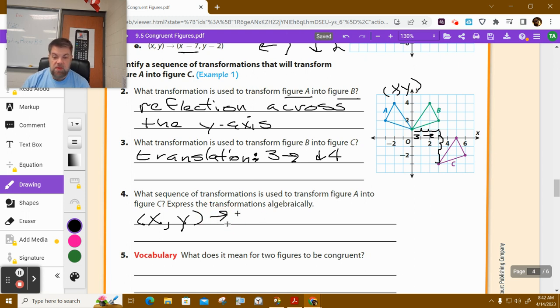Well, the reflection, remember, you just change the x. So this is negative x, y. So this is the reflection. And then from there, you're going to take and do x plus 3. That's 3 units to the right. And then y minus 4. That's 4 units down. So that's the translation.